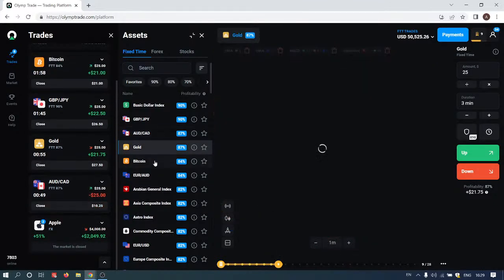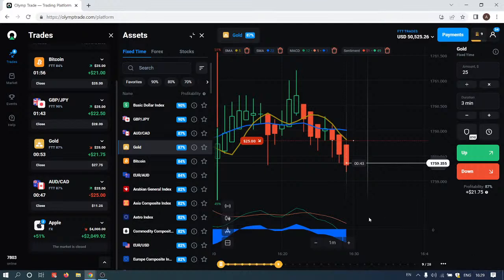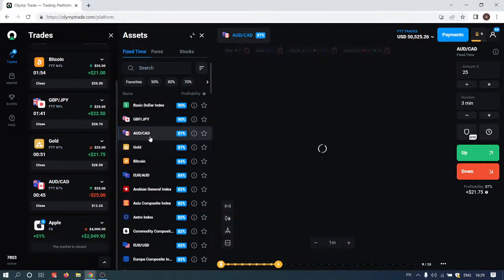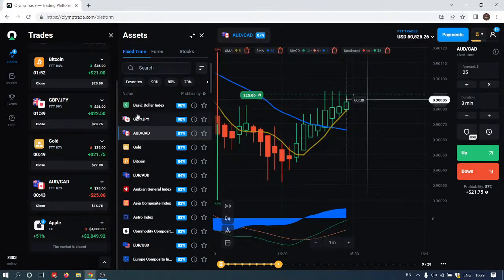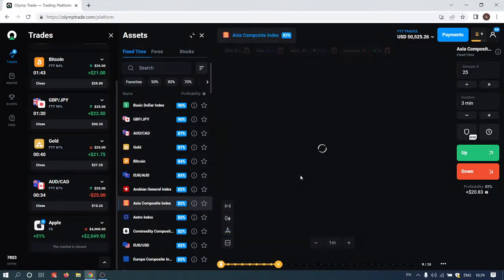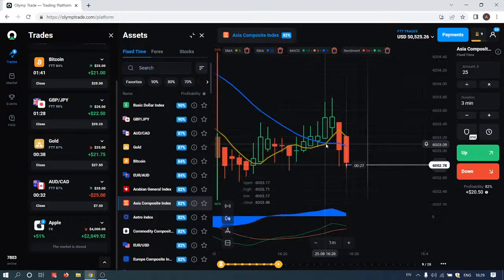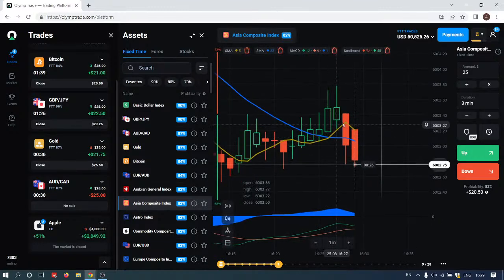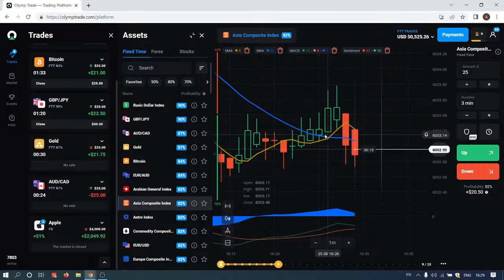All right, so I'm looking. Okay, we are in the middle of the hour, so there might be a little bit of extra volatility. So let's wait 1-2 minutes before opening any next trades. I think Asia Composite Index call. Yeah, there was a signal. Unfortunately, this is a false signal. A reversal is happening right now on this asset.